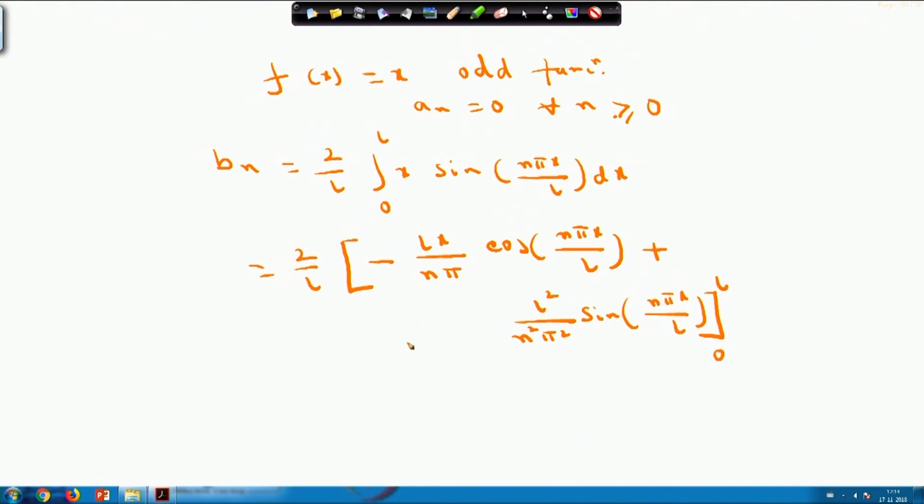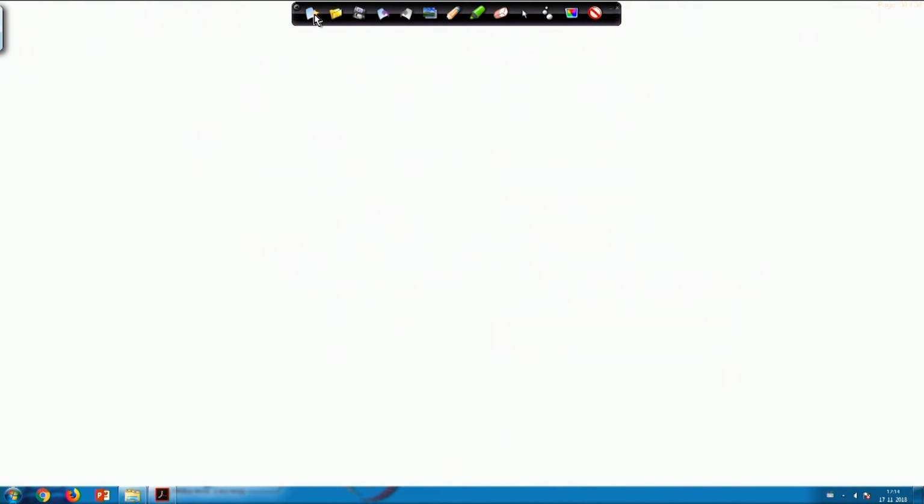So, if I substitute the limits over here, your b_n you will obtain as 2 by L times minus L square into cos n pi by n pi, and which is nothing but minus cos n pi.